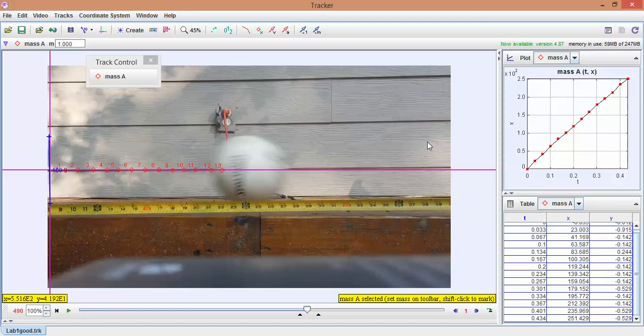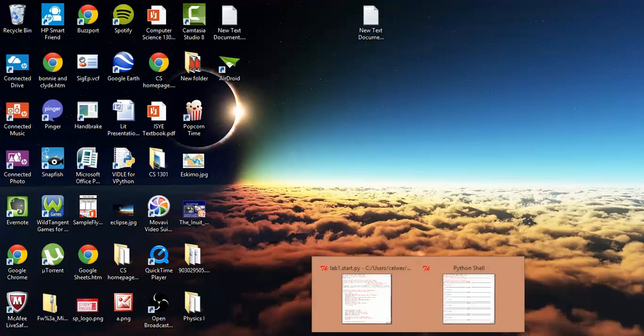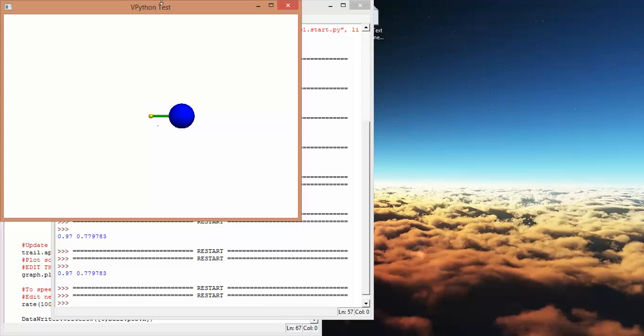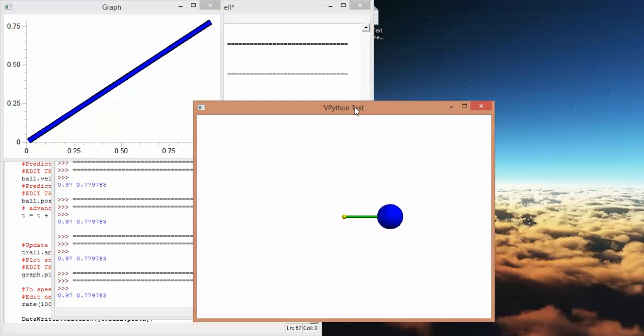After I calculated the velocity, I plugged that into my VPython program and ran the module. As you can see, the ball moves the same as in the video, and the line is very similar also.